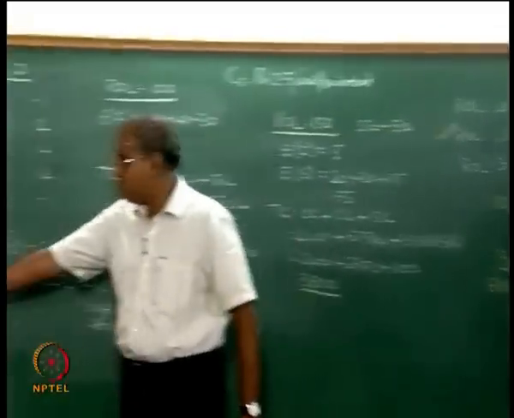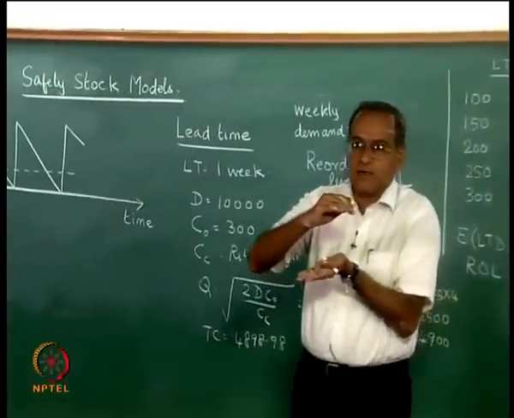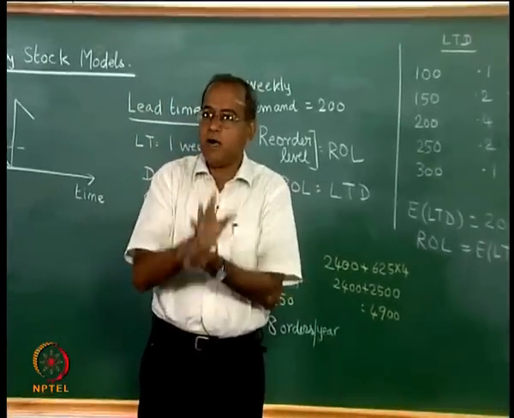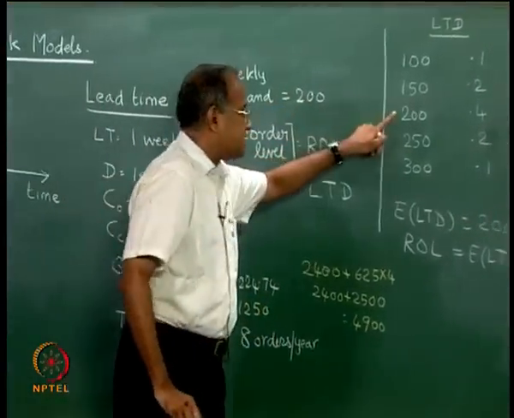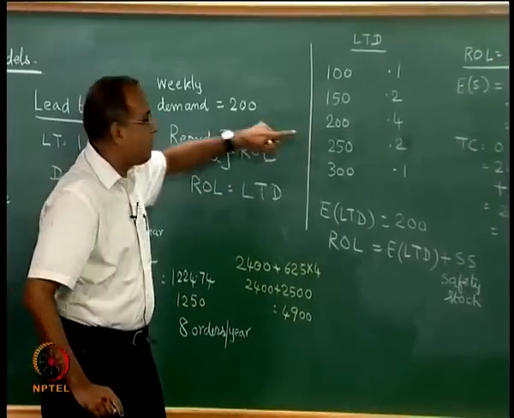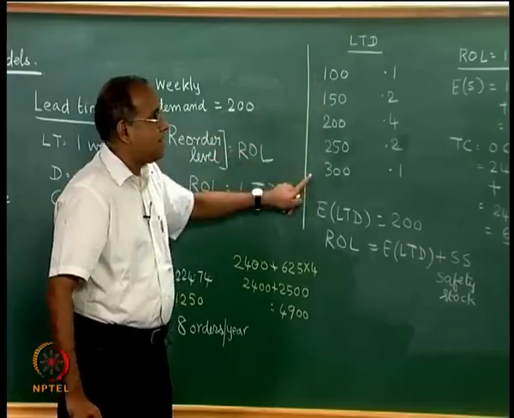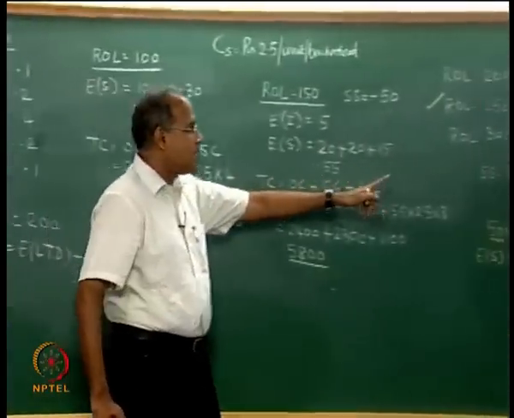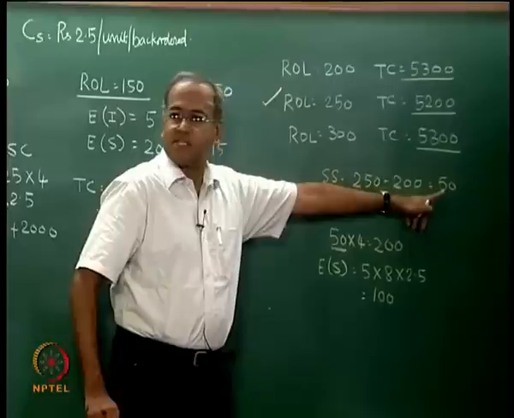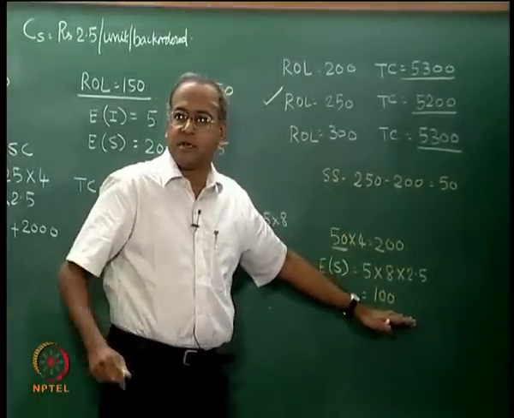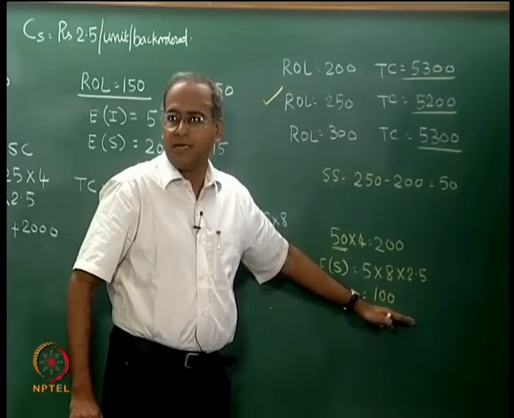So 4900 plus the extra 300 is the expected additional cost if the demand, instead of being exactly 200 every week, follows a distribution like this. So the effect of that is an increased inventory of 50, which is our safety stock, and an expected increased cost of 300 per year.